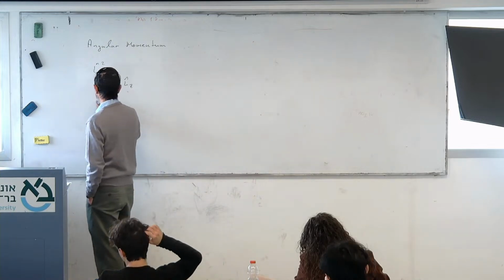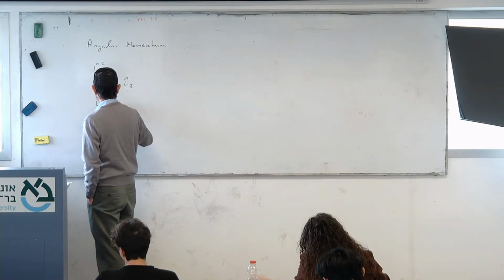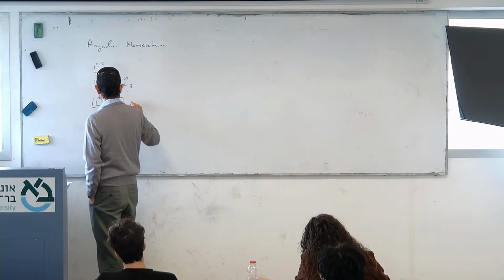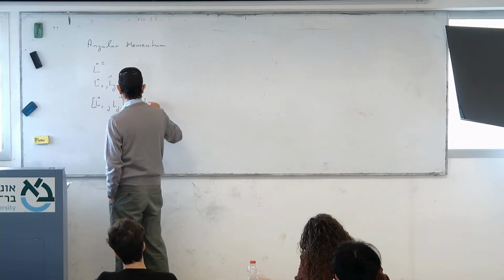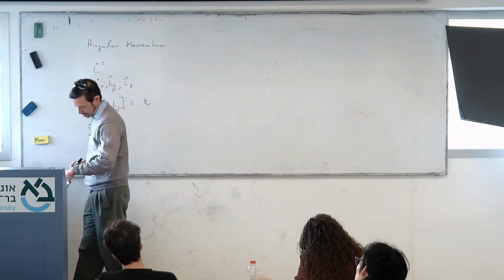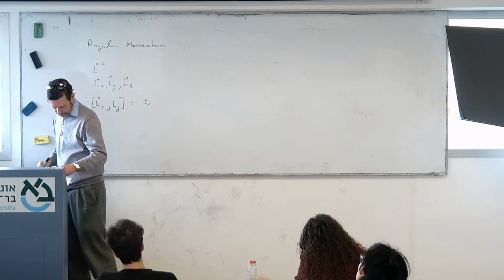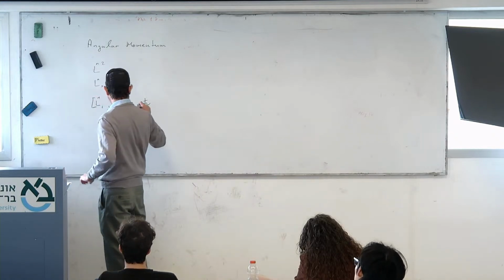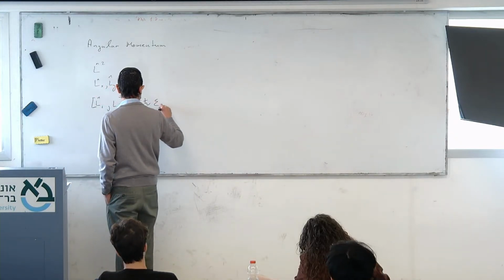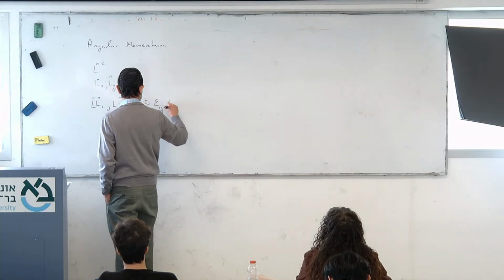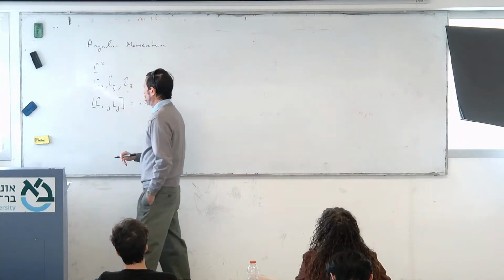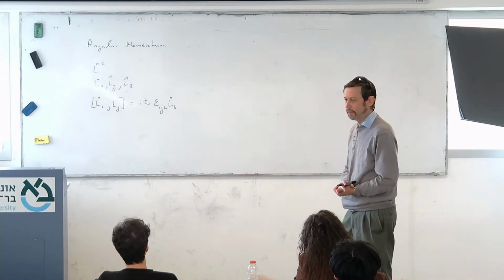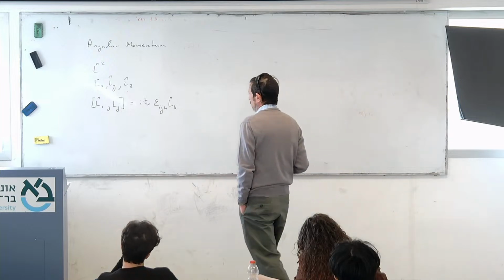On the other hand, Li and Lj do not commute; the commutator gives epsilon ijk i h bar. Okay, so we can choose one of them, we can't know all 3 of them, or even 2 of them.